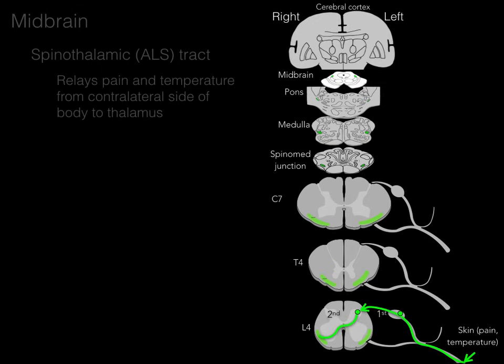In the anterior lateral system, or part of the spinal cord, this fiber ascends all the way up through the different segments of the spinal cord, and then the bottom part of the brainstem, and then right there in green is where this ascending information is relaying pain and temperature from the contralateral side of the body up to the thalamus, and then eventually to the cerebral cortex.